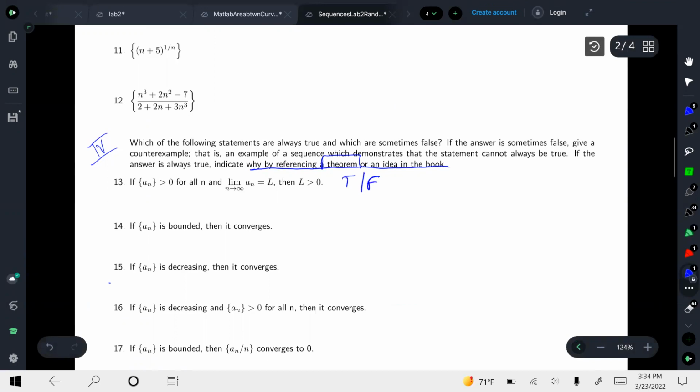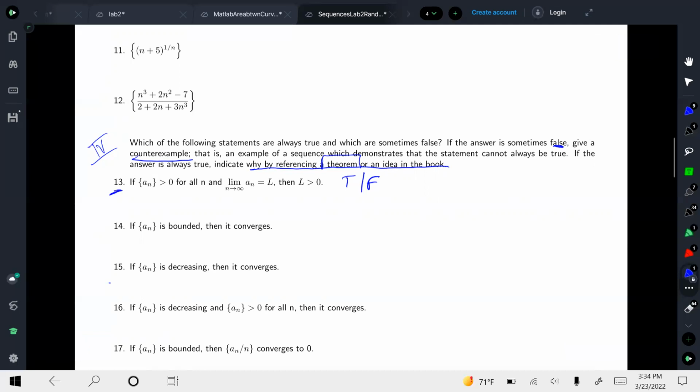All these are the statements given. If you say that the statement is false, you need to give an example to prove your answer. If you say that it is true, then you need to provide an example for that to support your answer.